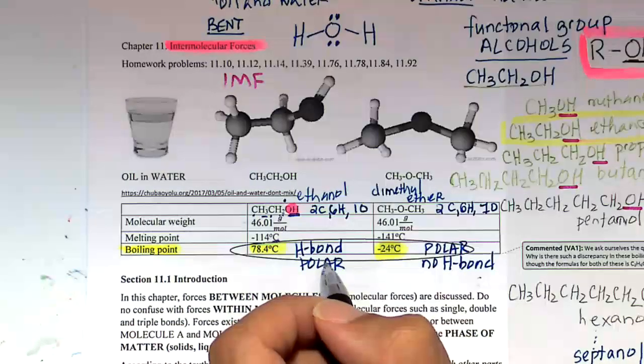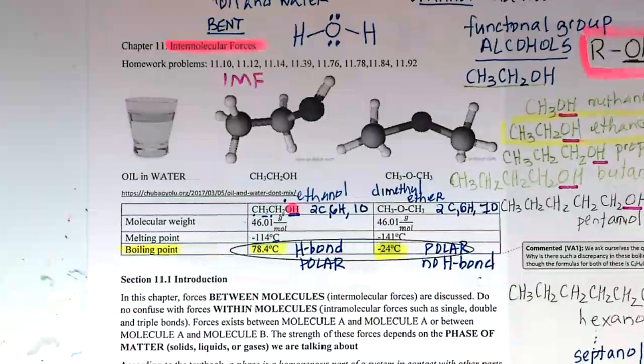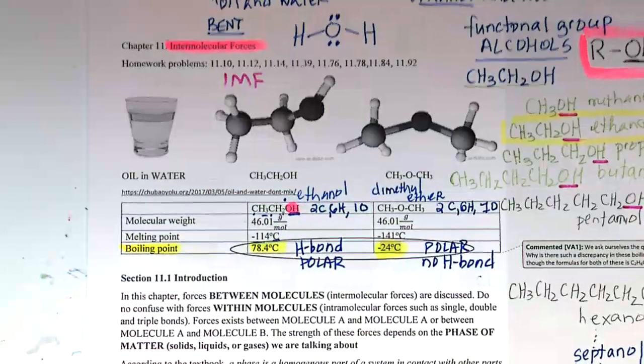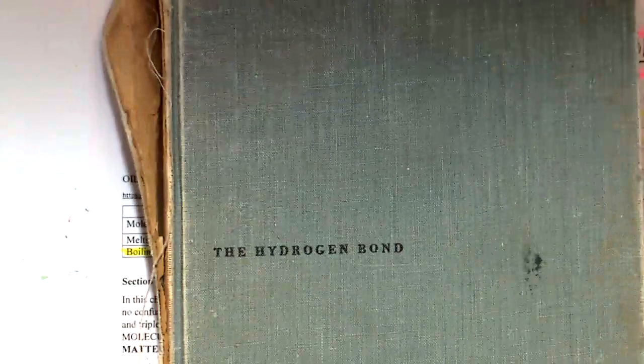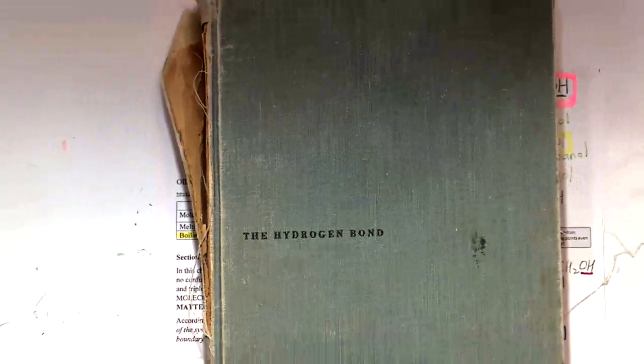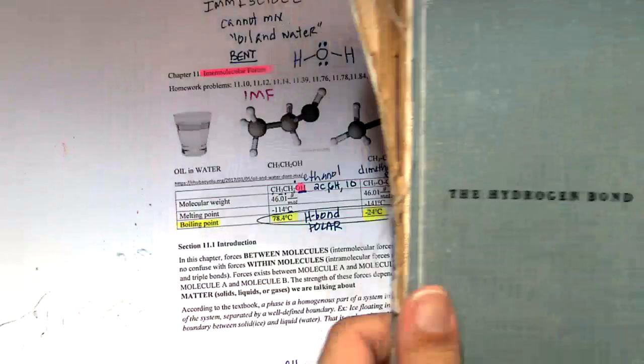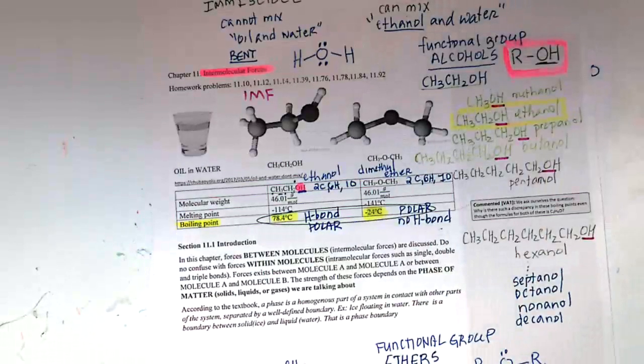This is a strong intermolecular force, the hydrogen bond. Okay, it's so strong that they actually have a book dedicated to it. A book called The Hydrogen Bond. Okay? It's some nice reading. So if you don't know about the hydrogen bond, I'll give you this book to read.